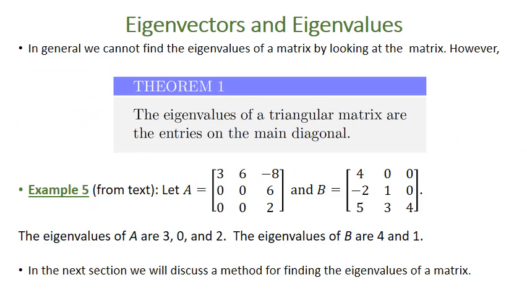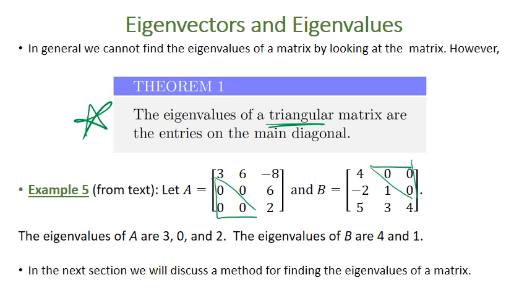Moving on. So in general, we cannot find the eigenvalues of a matrix just by looking at the matrix. However, the eigenvalues of a triangular matrix are the entries on the main diagonal. So remember, if we have a triangular matrix, then we can easily identify the eigenvalues.